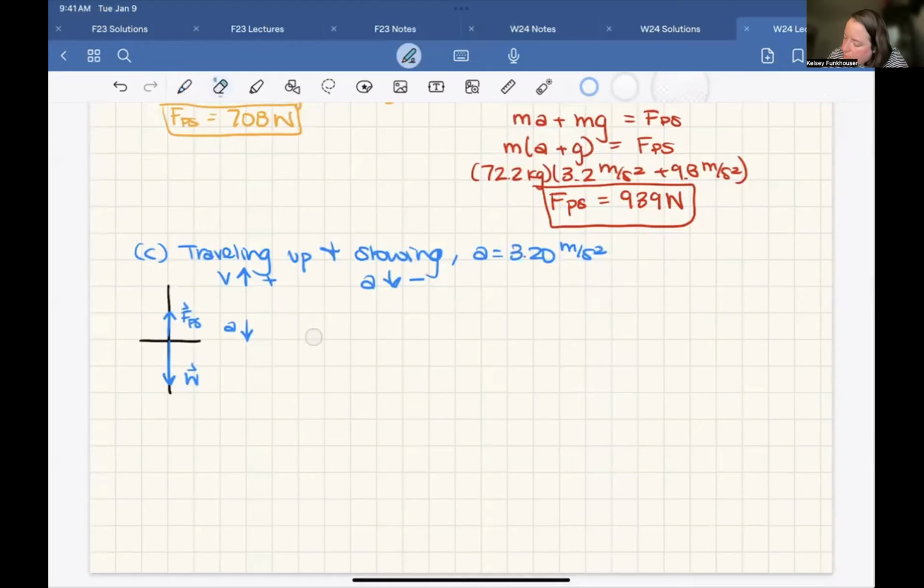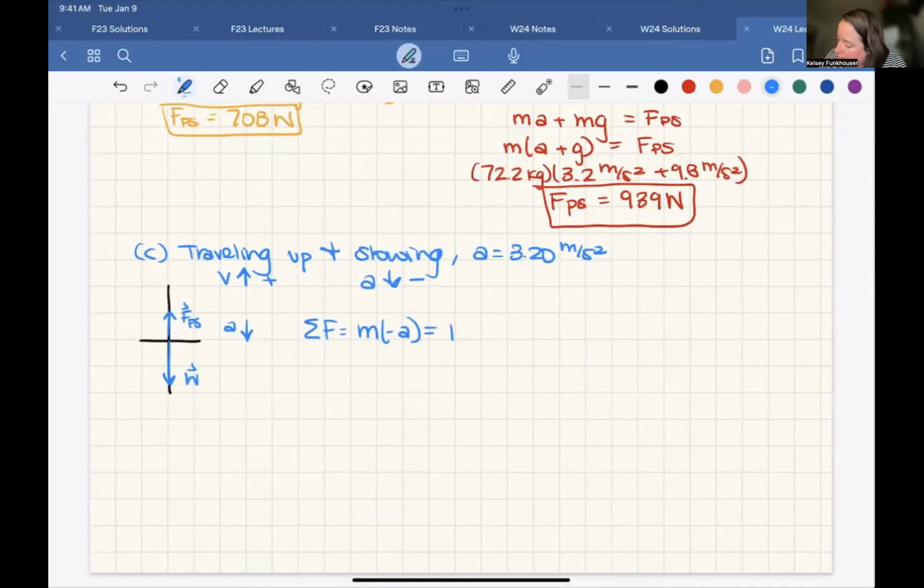And then we do our sum of forces. Sum of forces equals mass times negative acceleration. So this is where I remember to include the sign of the acceleration or the direction of it. As I plug it in, just like I do with the forces, I do that with the acceleration in this equation too.